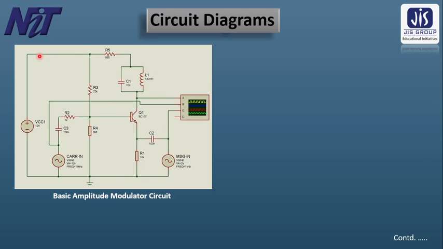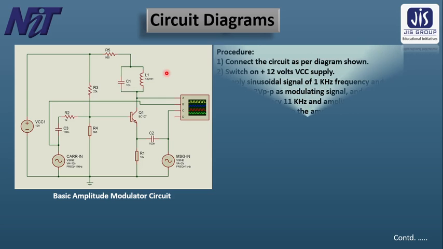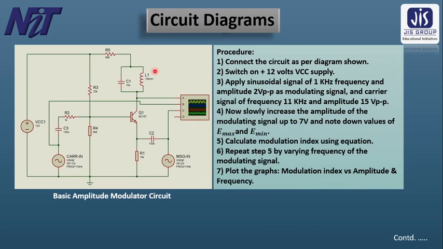From here the DC energy will come to the collector to operate the transistor, but the AC component which we require for the modulation will not damage or disturb your DC source. So this mechanism is very important to design to make this modulator work efficiently.